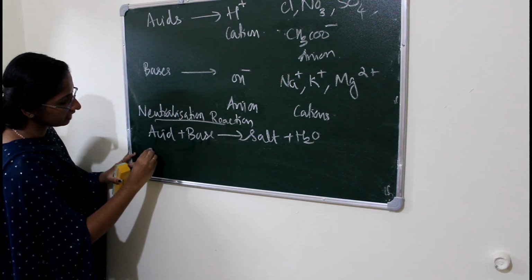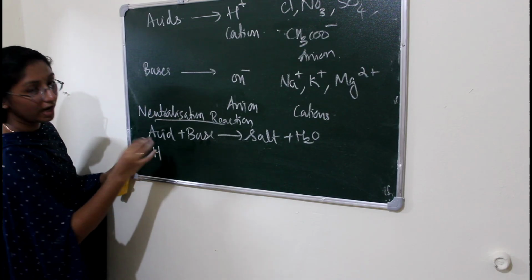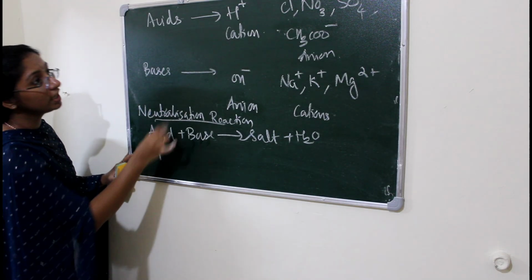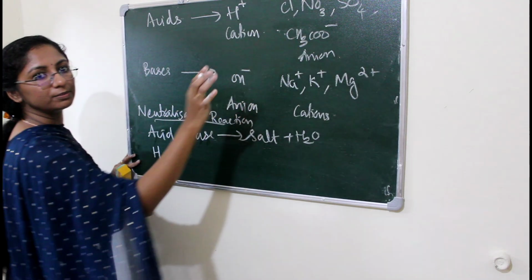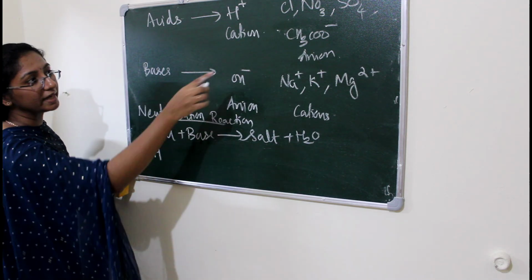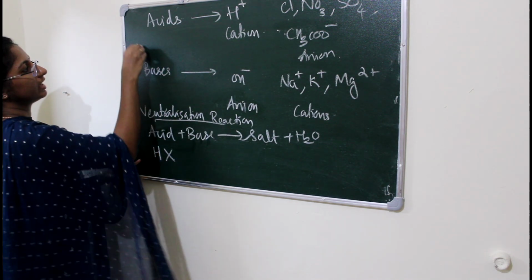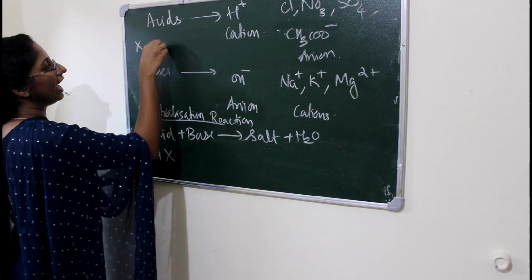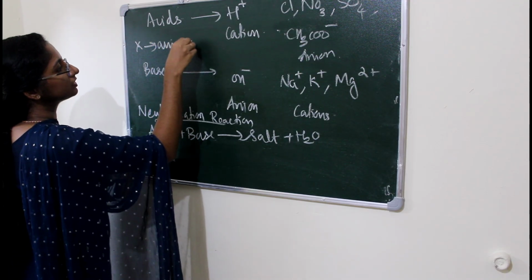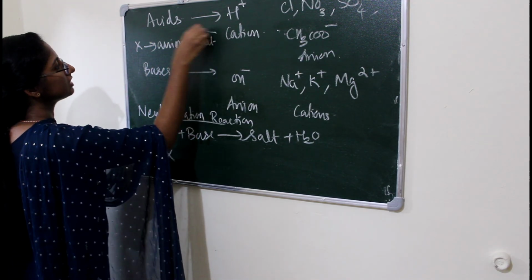So in acids we can say that hydrogen is the common ion and we can have any anion. Let's take this anion part as X. X is the anionic part. Let's consider like this.